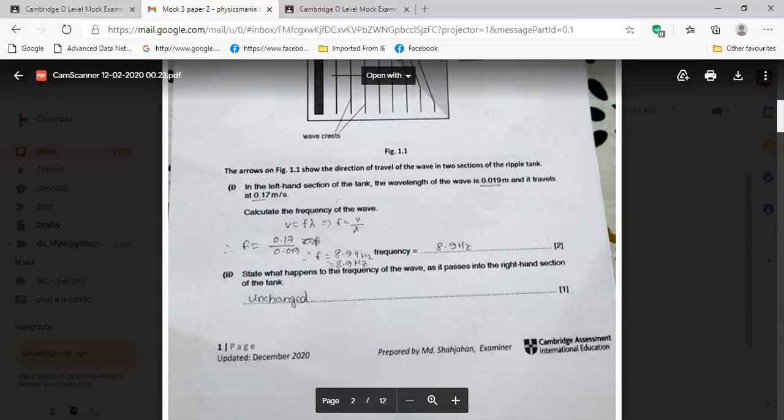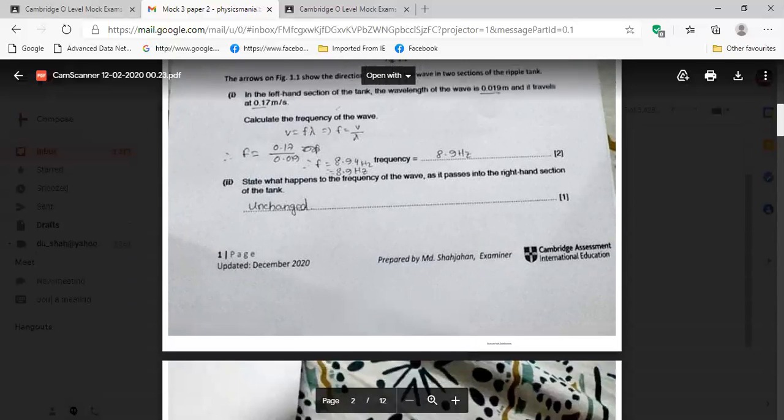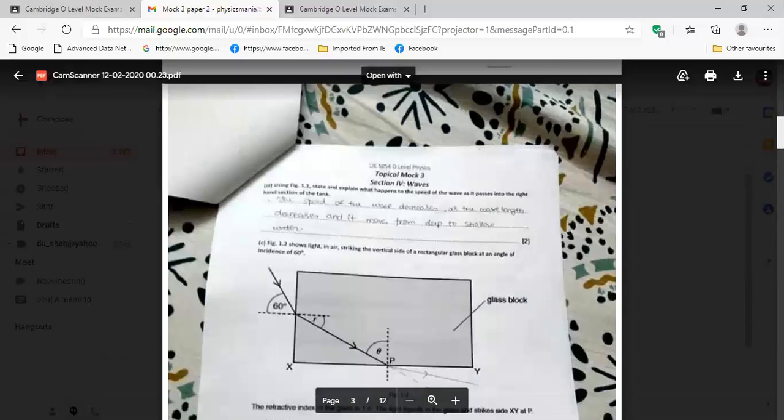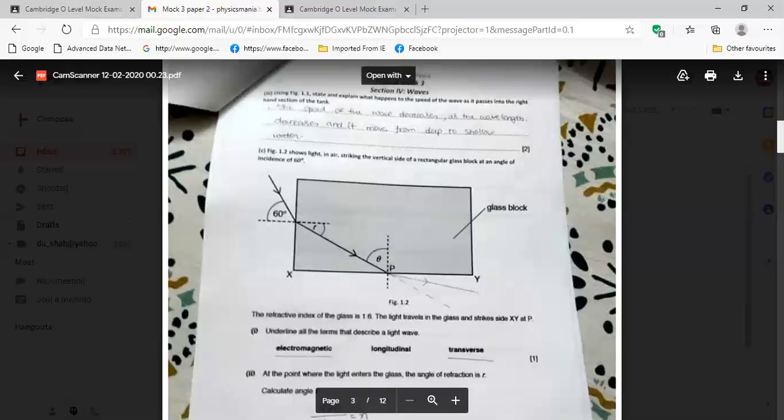State what happens to the frequency of the wave as it passes into the right hand section of the tank. Okay, correct. Then next, the speed of the wave decreases.